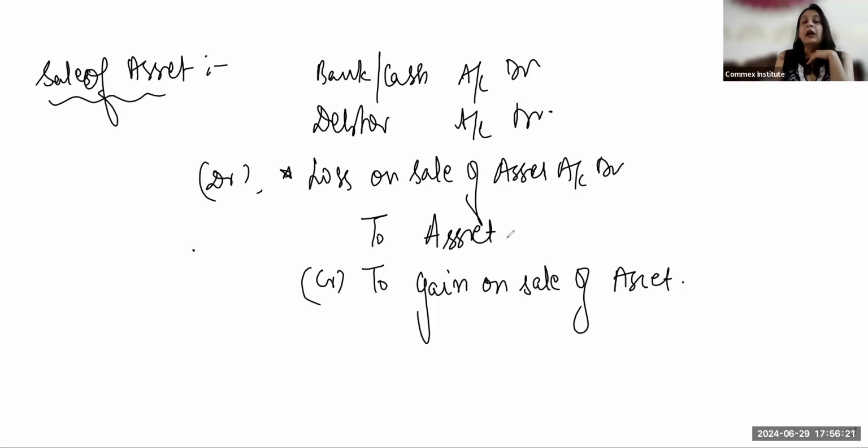Very simple. Asset will be credited with the book value. The amount which we are going to put in front of this, we know the journal entry. We should also know what amount to fill in there. Because if any of the things is wrong, either you have put in the wrong account or wrong amount, then the marks will go away. Each journal entry is for 1 mark, you wouldn't get fractions of marks.